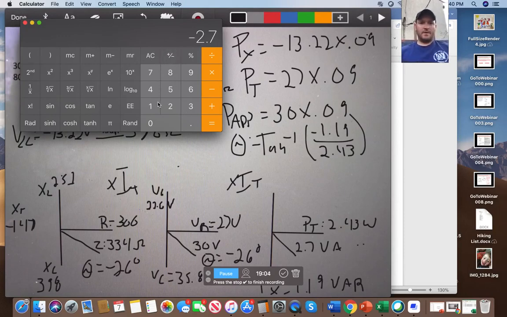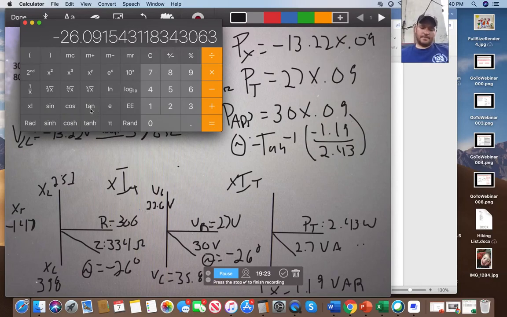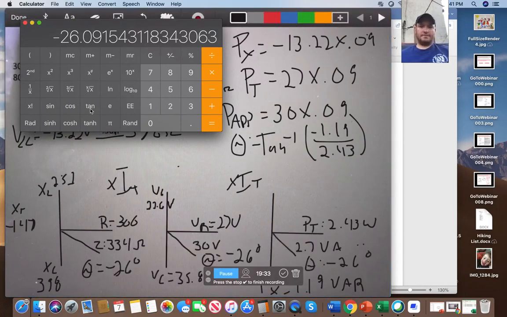So negative 1.19 divided by 2.43 equals, make this the negative tangent, and look at that. Our phase angle is still at negative 26 degrees.